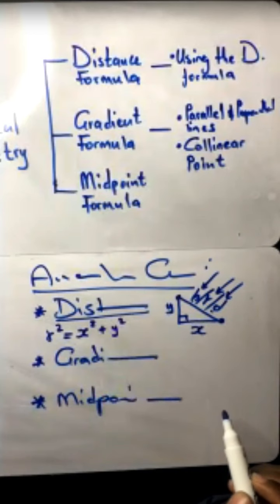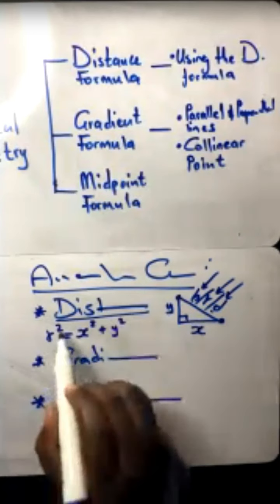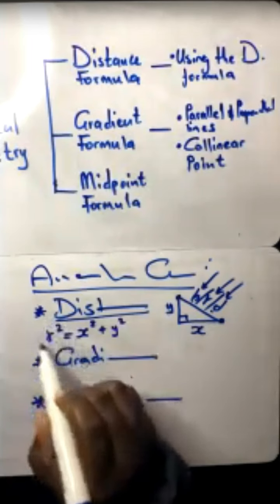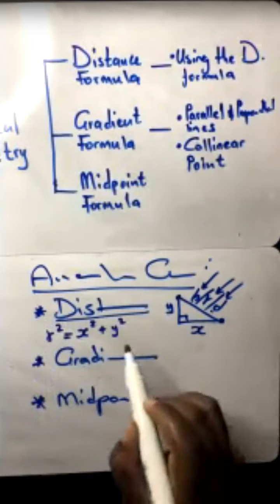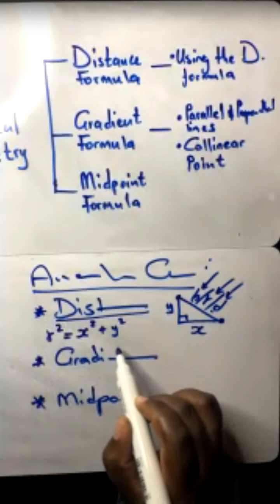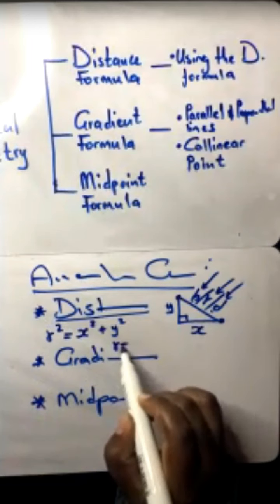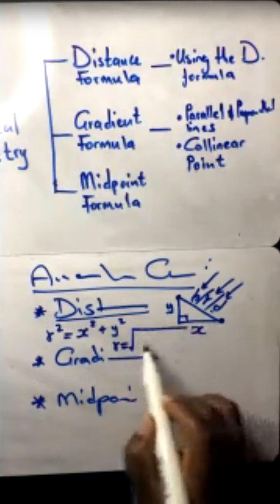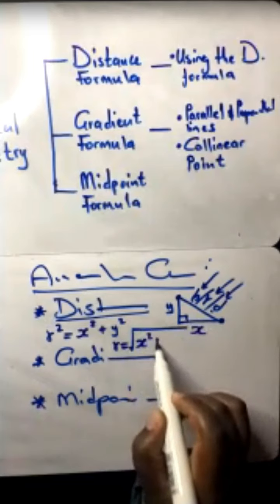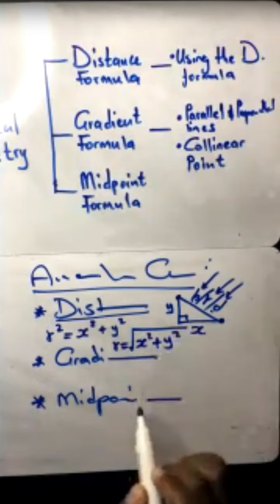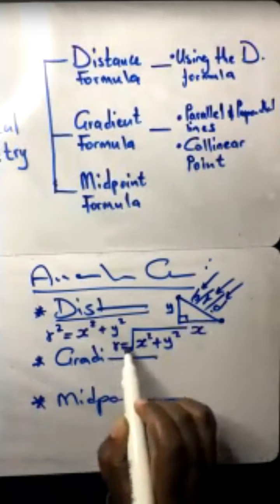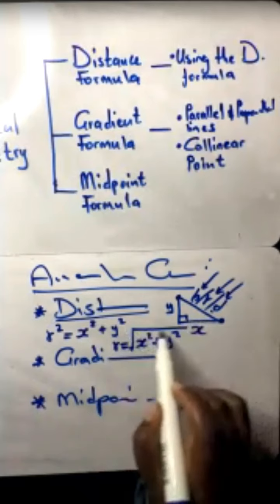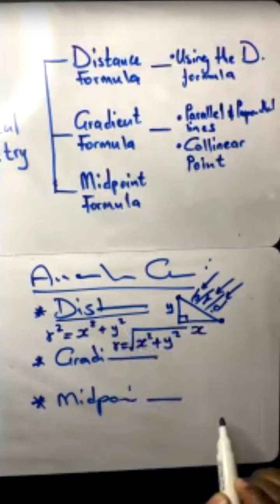If you remove that square, you introduce a square root, so r equals the square root of the whole of that.